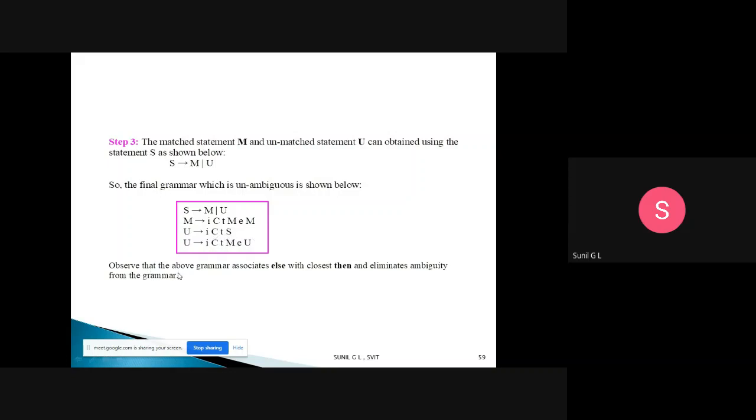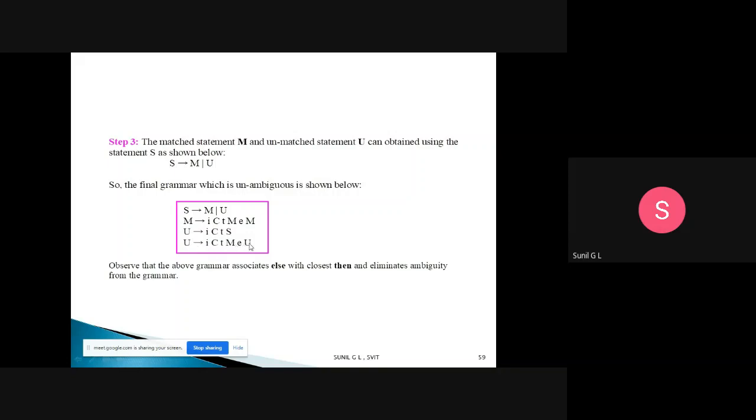So here the above grammar associates else with the closest then and eliminates the ambiguity from the grammar. In this, the else will be combined with the if statement, so there is no ambiguity here. Here the else will be combined with this I only.